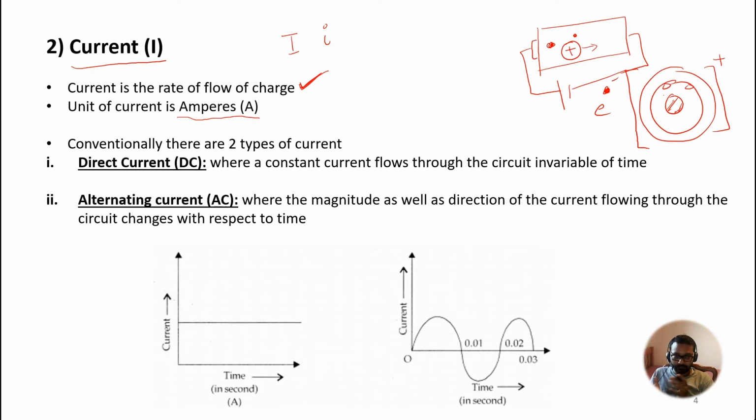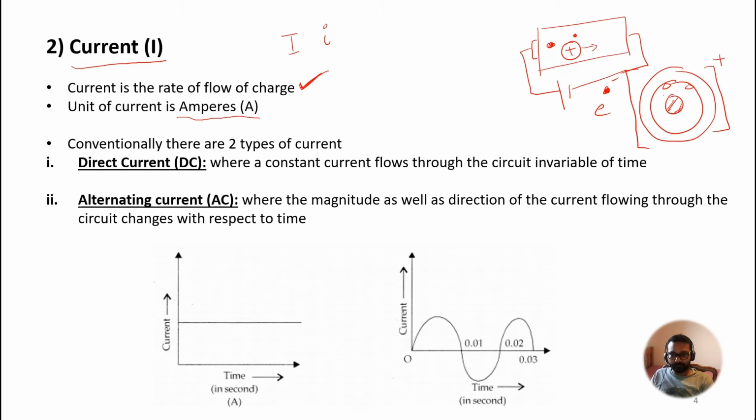So what's the difference between a DC and an AC, right? We are studying two types of circuit. Why? I mean, what are they? So just to discuss a little bit about that, DC means direct current. So direct current is when the current flowing through the circuit remains constant, invariable of time.